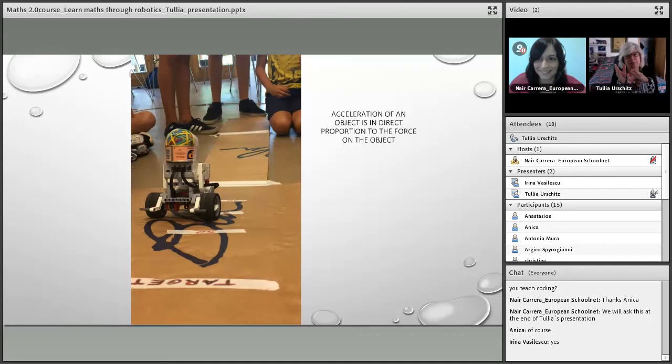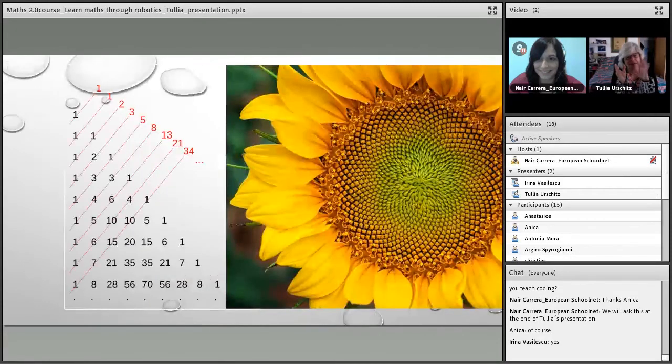Also going with the Fibonacci series, we observed it's really linked with geometry, with mathematics, with the real world, and we tried and we succeeded to program a robot moving following the Fibonacci series, and they had to find the solution, and it's not really easy.